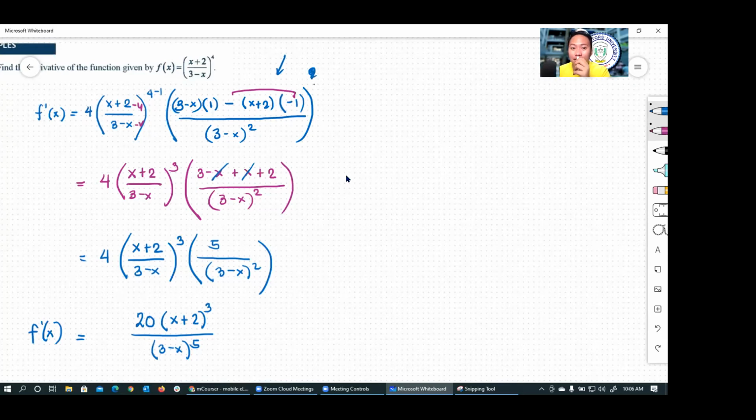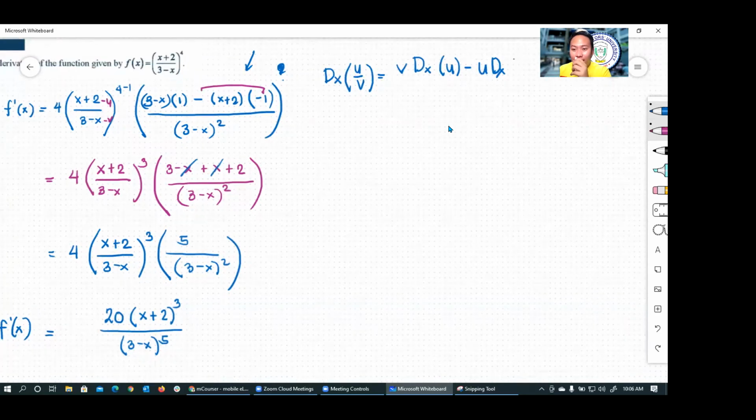The reason is, remember our quotient rule, guys, the derivative of u over v is v times the derivative of u minus u times the derivative of v, over v squared. Did you forget? Go over the previous discussion that we have, our quotient rule, the power rule, the product rule, and the quotient rule.